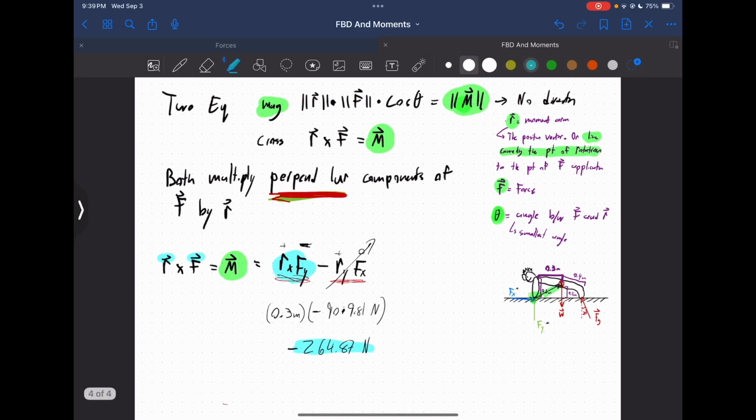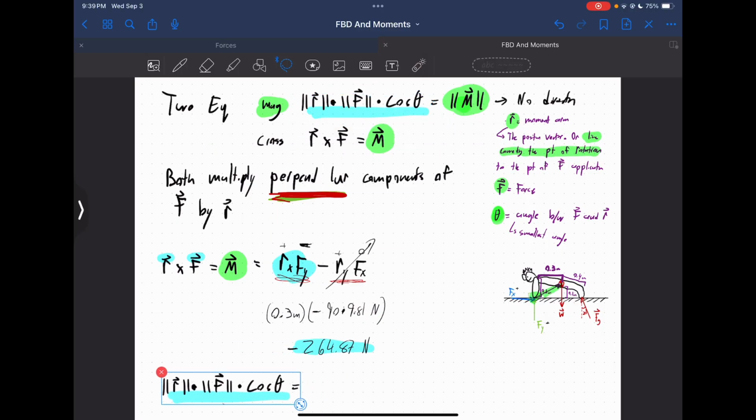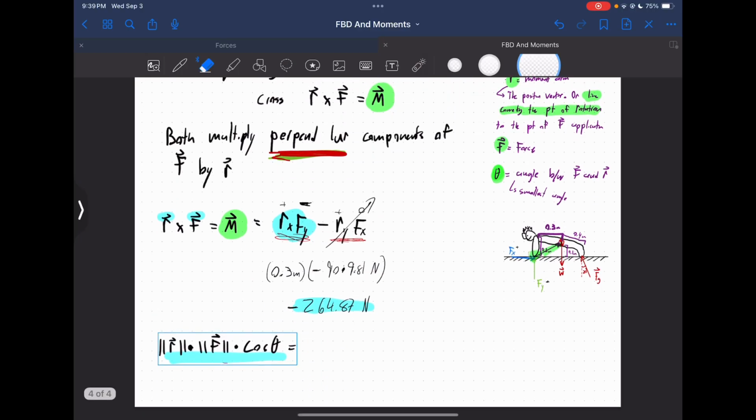But we're forgetting about this next equation. So we will take this next equation and also show that it does the exact same thing, which may be harder to intuitively see.